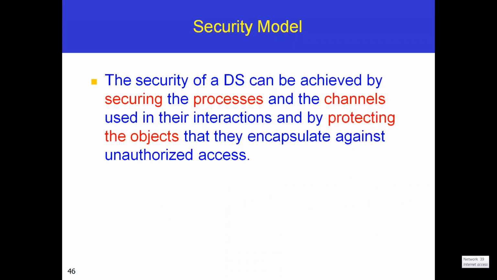The last model is the security model. Here, the security of a distributed system can be achieved by securing the processes and the channels used for their interactions, and by protecting the objects.